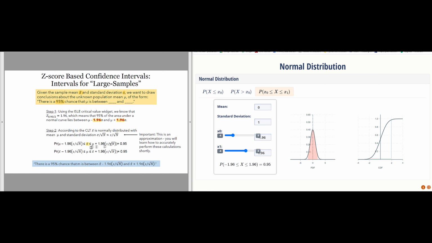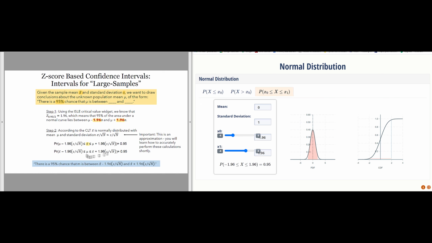Well, from there we can take a leap, because this equation tells us that when we draw a large enough sample from the population, there is a 95% chance that the mean of that sample will fall within 1.96 standard deviations below and above the population mean.